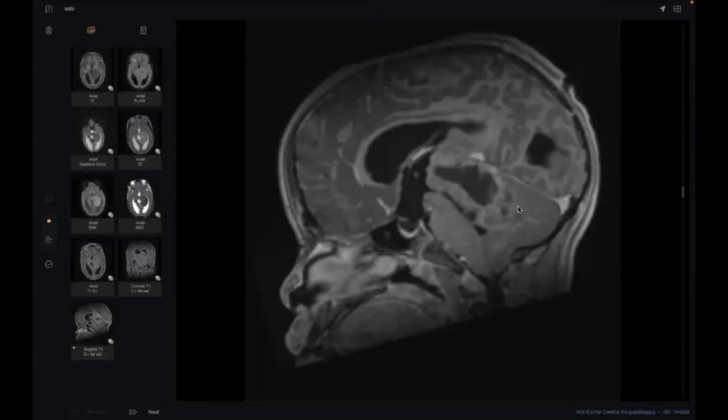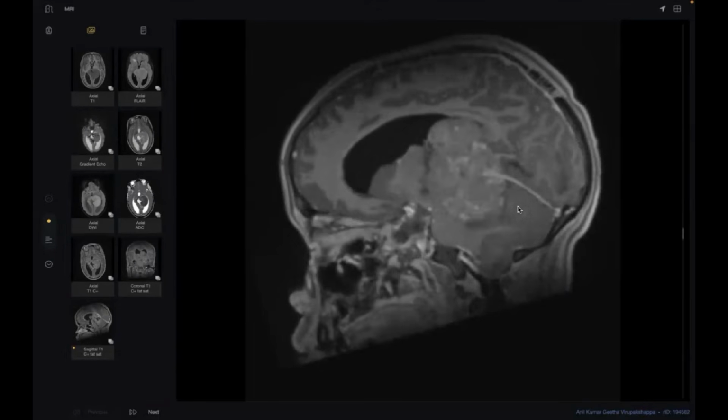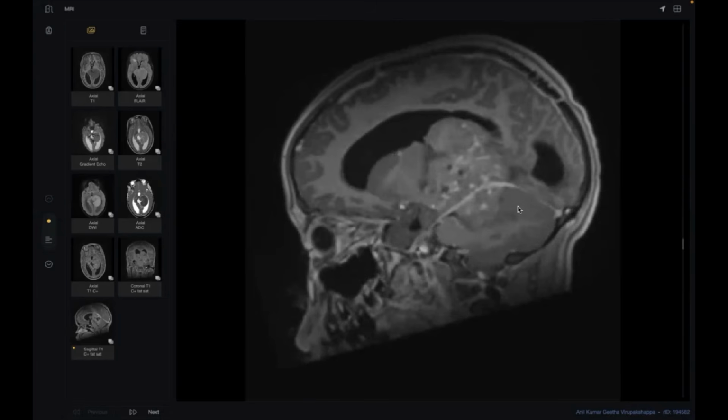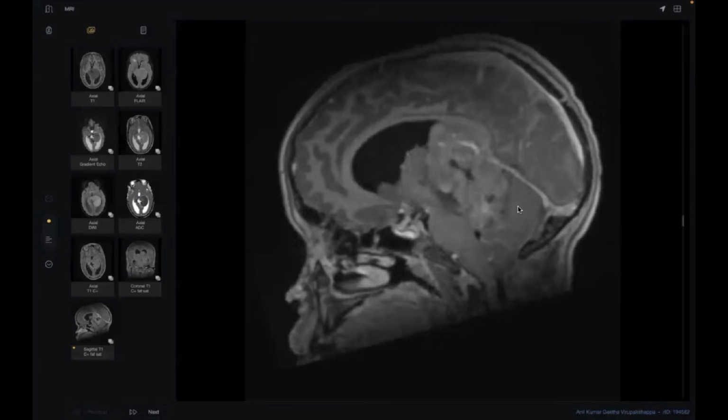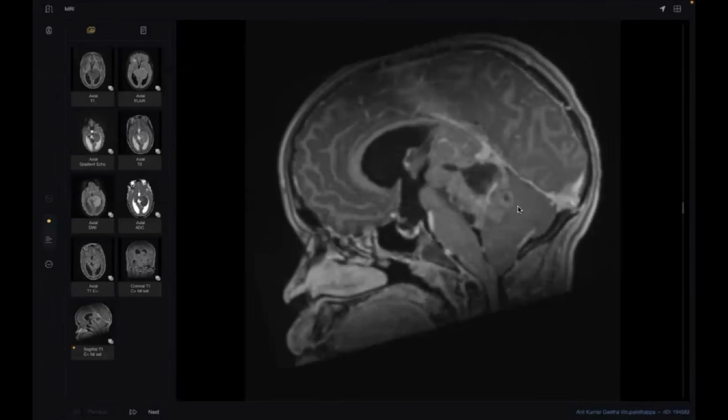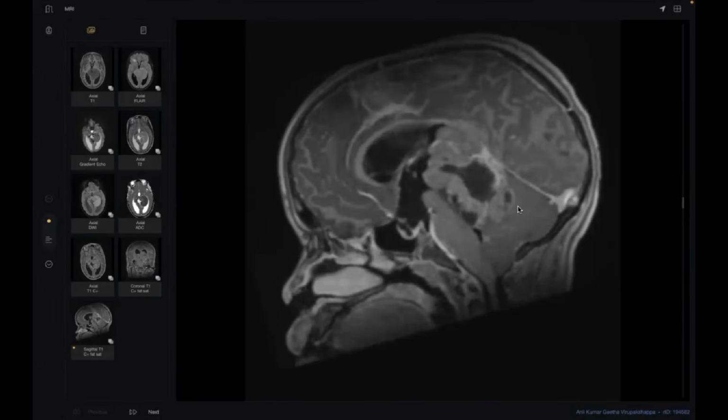No problem. An intraventricular mass cannot cause mass effect on the cerebellum like this. So yes, this seems to be an extraventricular mass.